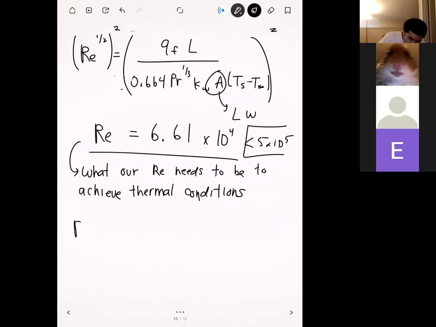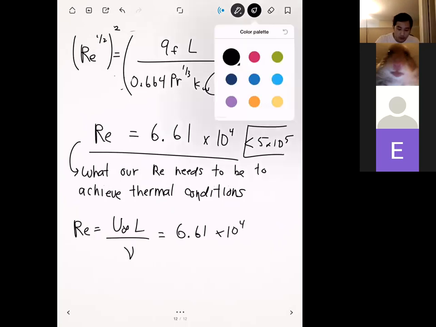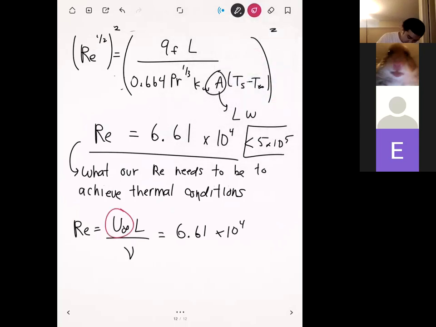All right, and so what you can do now is take the Reynolds number, which you know is U infinity times L divided by nu, okay? And from here you can solve for U infinity. What you get is U infinity is equal to 10.5 meters per second.